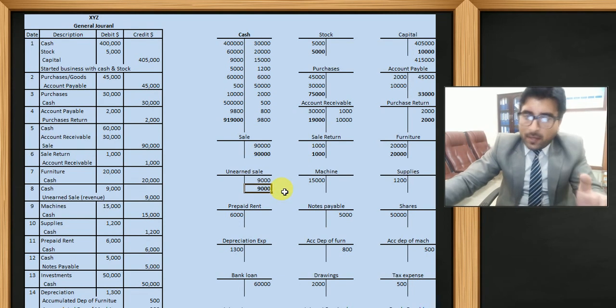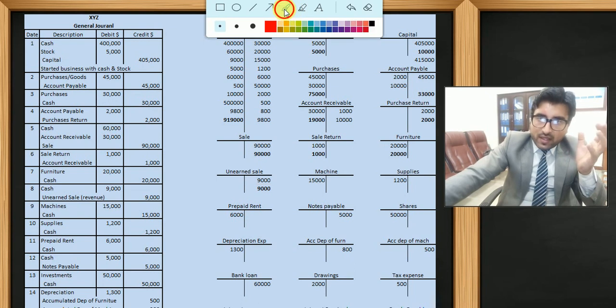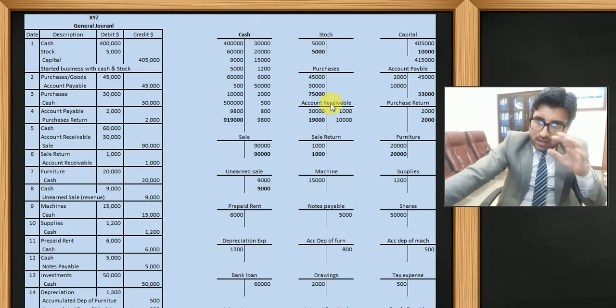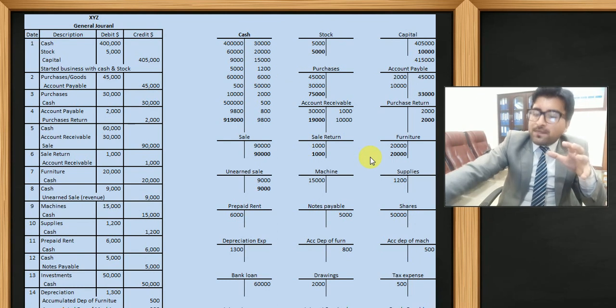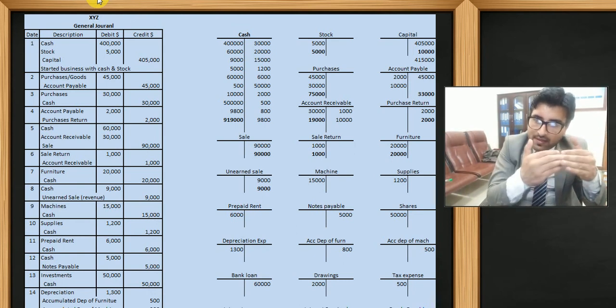Dear students, let me make it simple for you. What I have done here is compute the balances for all these accounts. First, if we have values on both sides, then you sum up the side which has the higher total.